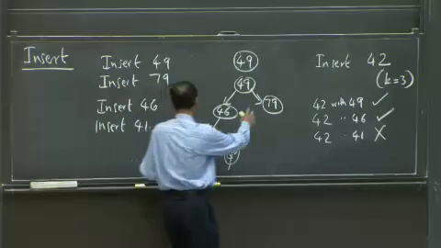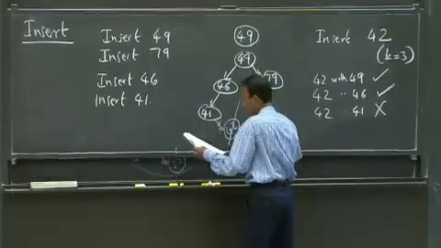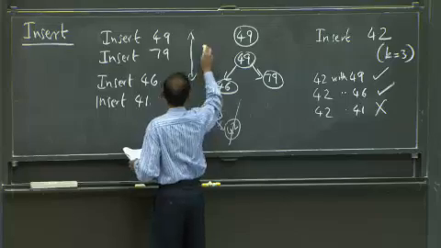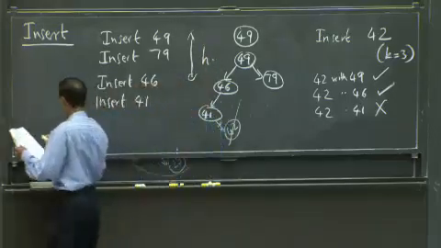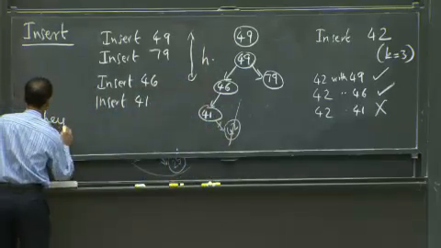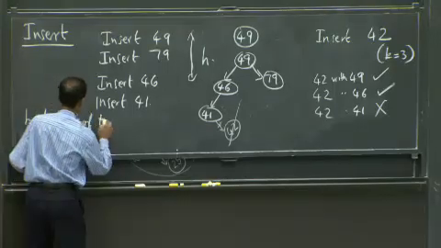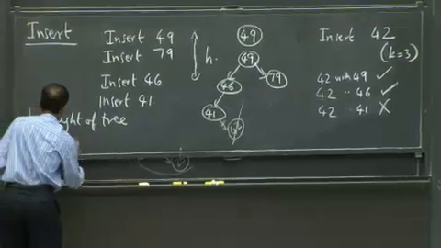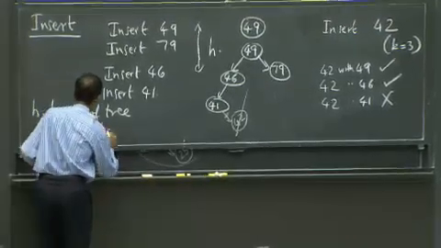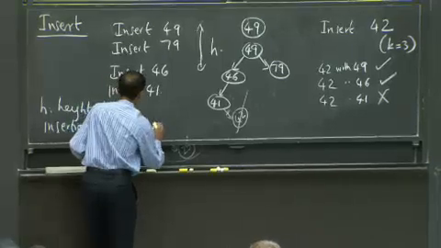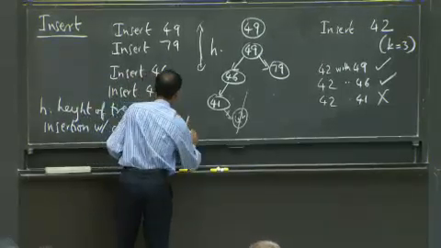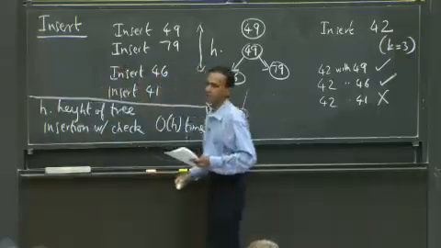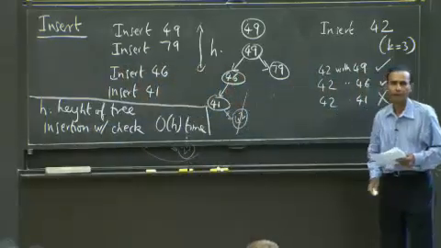If h is the height of the tree, then insertion with or without the check is done in order h time. Okay? And that's what BSTs are good for.